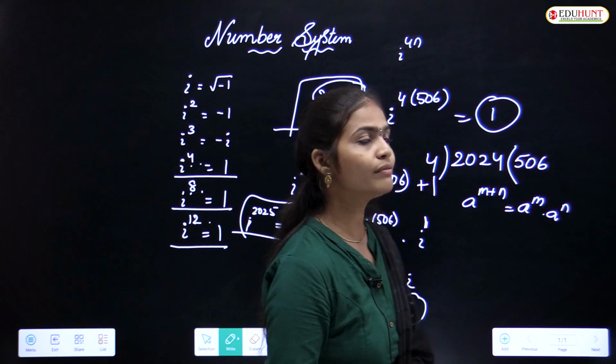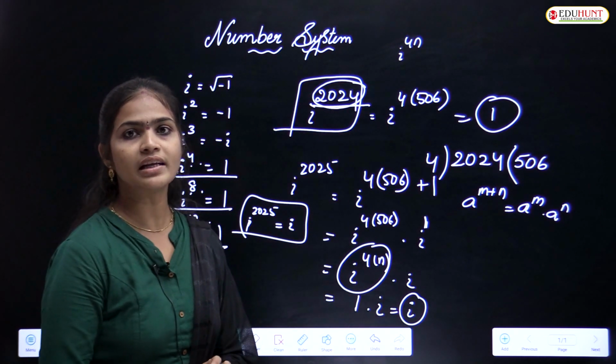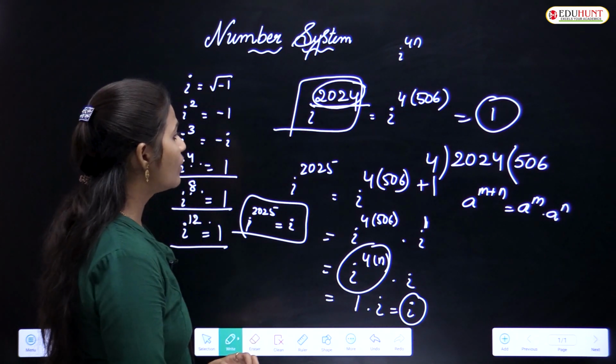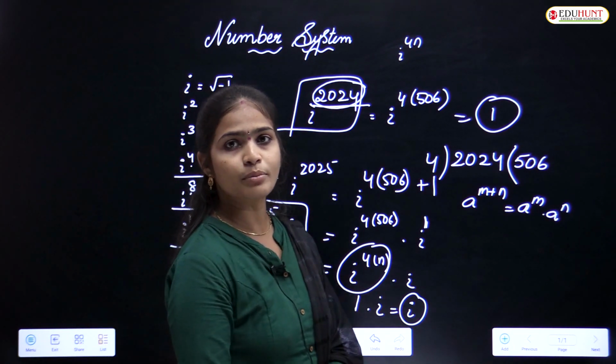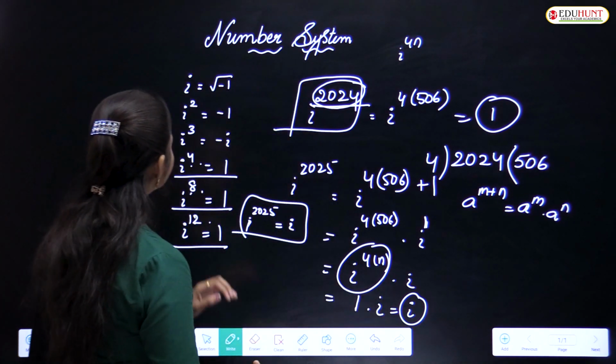In that worksheet again we will discuss the problems related to i power something, that is related to imaginary numbers. After this one we have to discuss complex numbers, that is the last one.